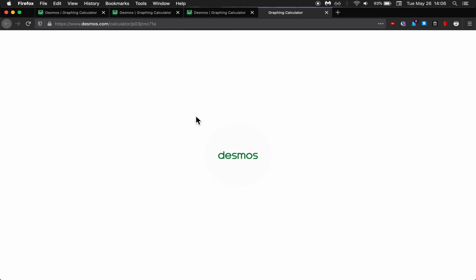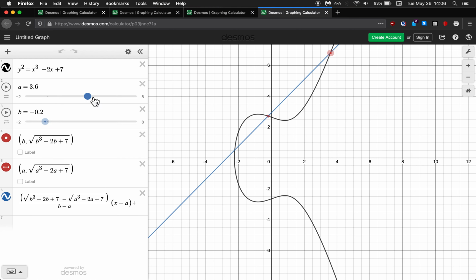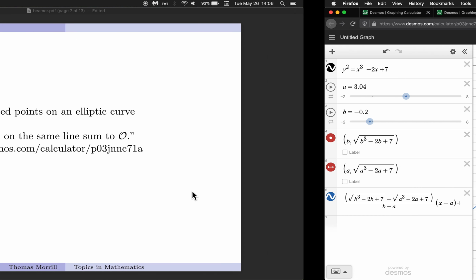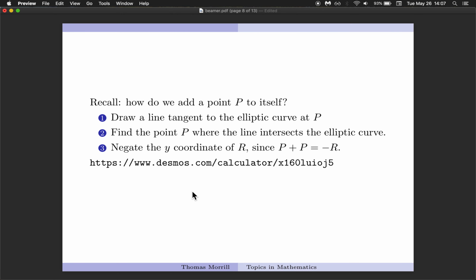This is the same graph as from the first lecture, where we can see my elliptic curve and move the points around and draw a line between. That's all the same. So last time we talked about there's a special case for adding a single point to itself.